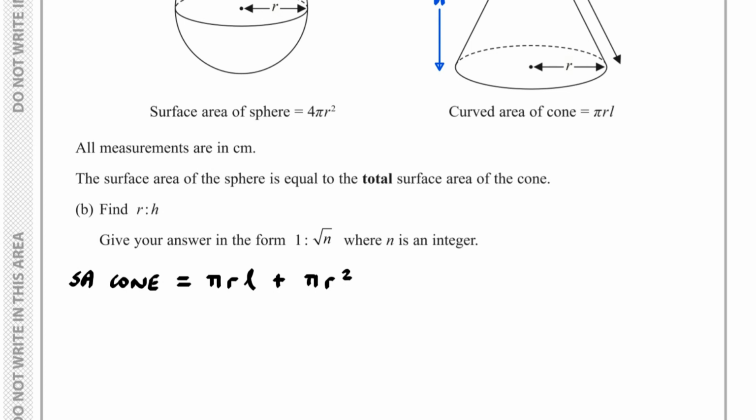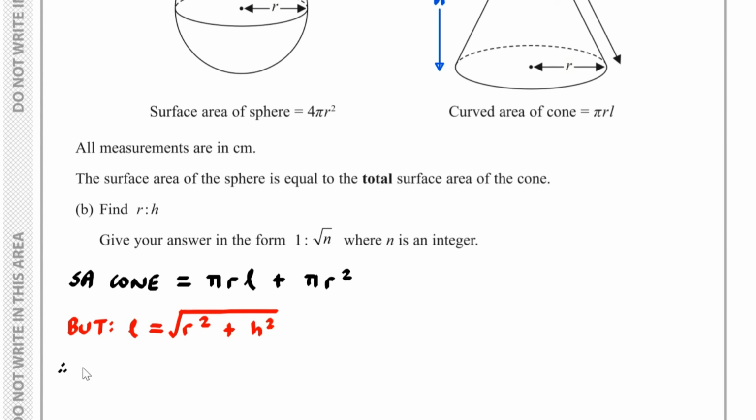And actually, we can find out what L is using Pythagoras. So L is equal to, through Pythagoras, r squared plus h squared square rooted. So now I can replace the L with r squared plus h squared all square rooted.